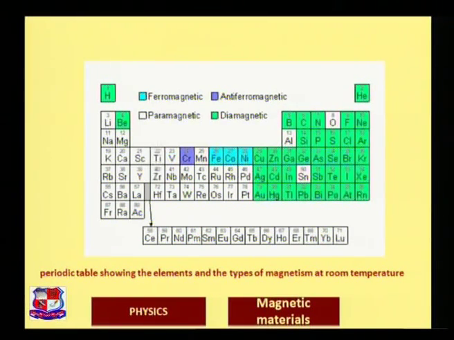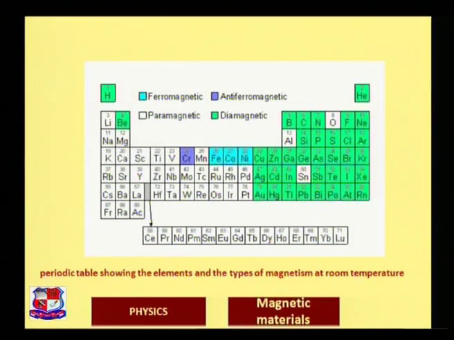Here Fe, Co and Ni, these three, show the ferromagnetic property, and on the left hand side most of them are, say, paramagnetic materials, and one material which is shown here, that is chromium, is an anti-ferromagnetic material.